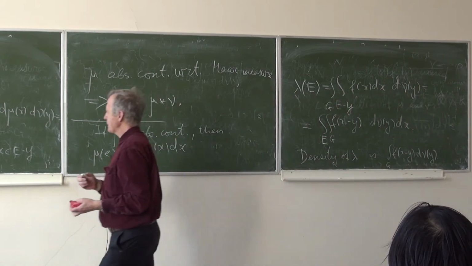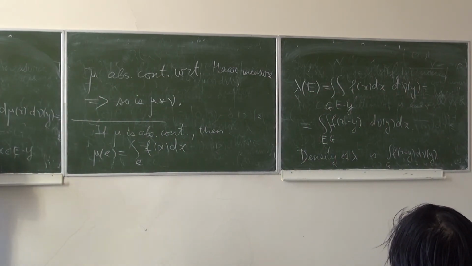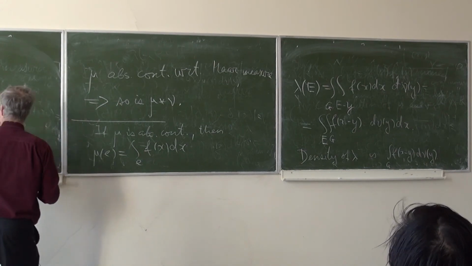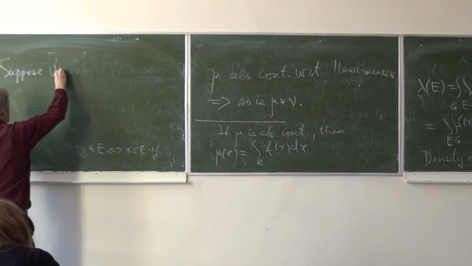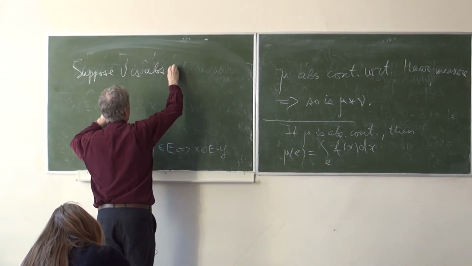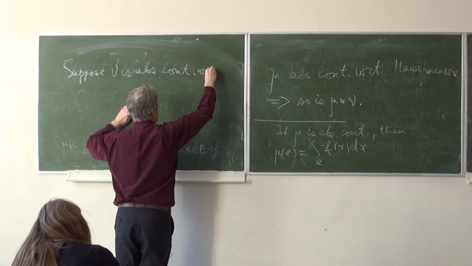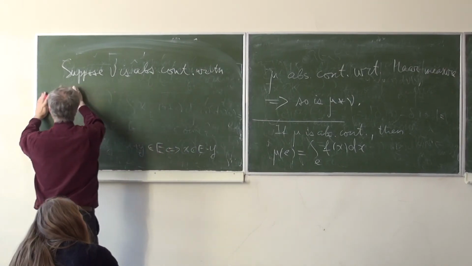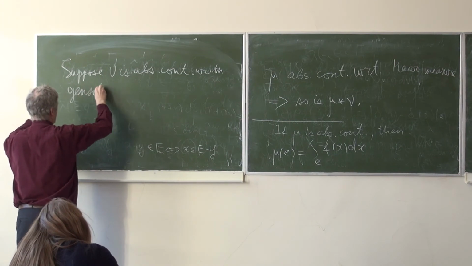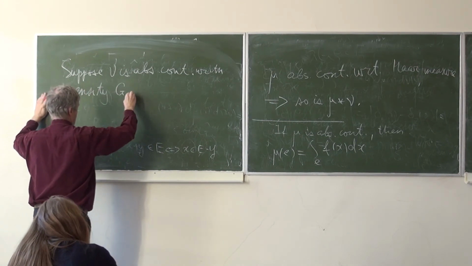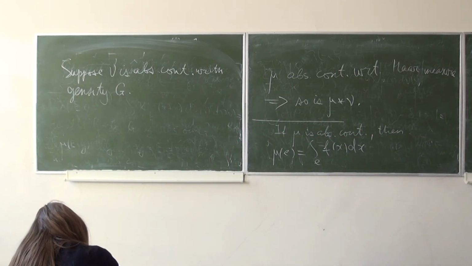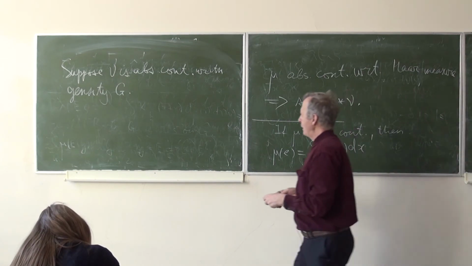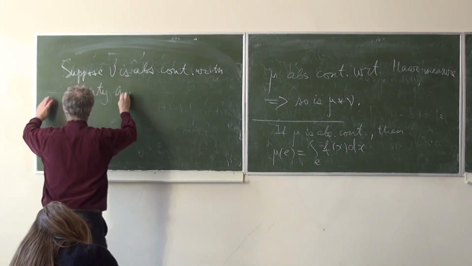And the next step, suppose that nu is also absolutely continuous with density g. Then the density of lambda is equal to what? Small g, of course.